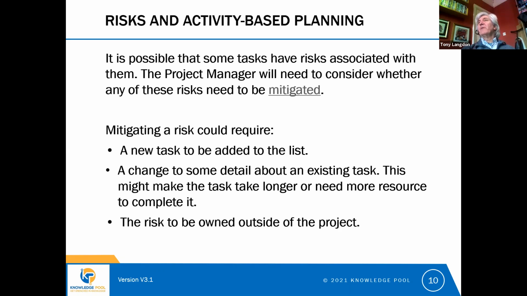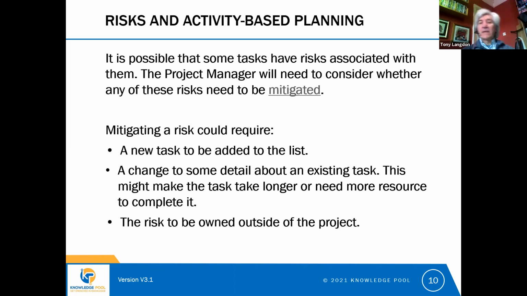So for example, if we're building a bridge, one of the risks is that with a large workforce, there may be injuries, there may be sicknesses. So we need to have some capacity to deal with those sorts of eventualities with the workforce. What you might be able to do is arrange for the organization's HR department to take on the job of finding additional staff if and when they're needed.